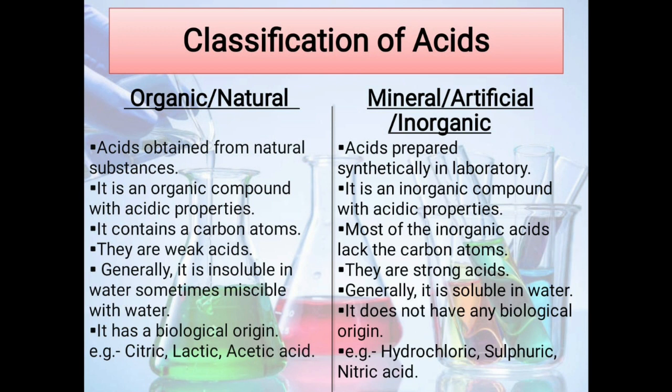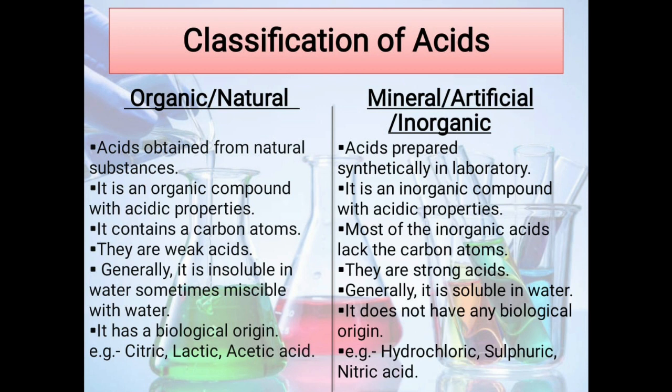Organic means acids that are obtained from natural sources, like plants or animals, or better to say, that have a biological origin, are said to be organic or natural acids. It contains carbon atoms, they are weak acids, insoluble in water, sometimes miscible with water. For example, citric, lactic acid, etc.